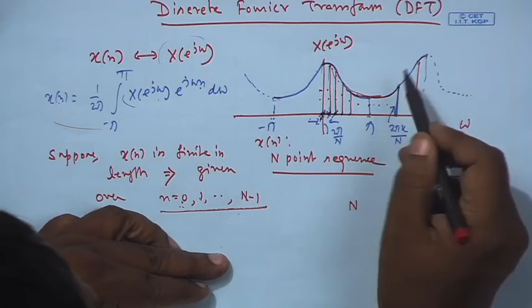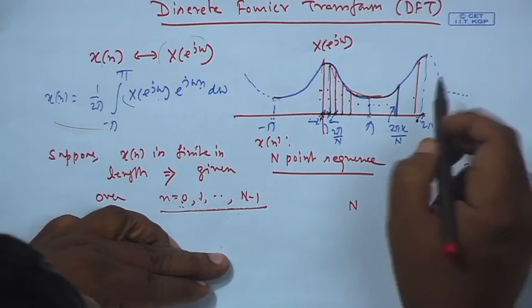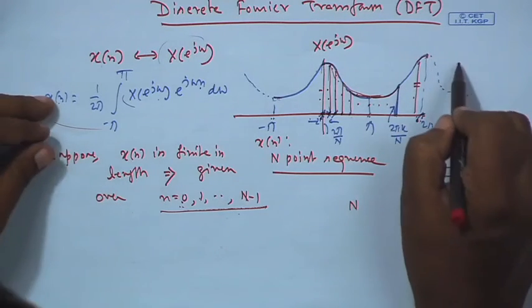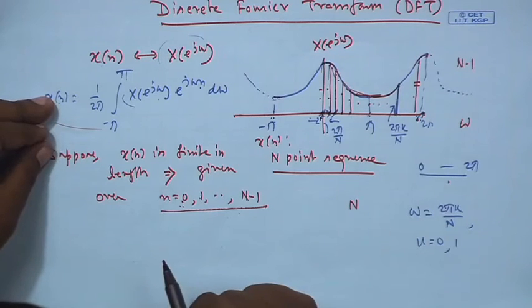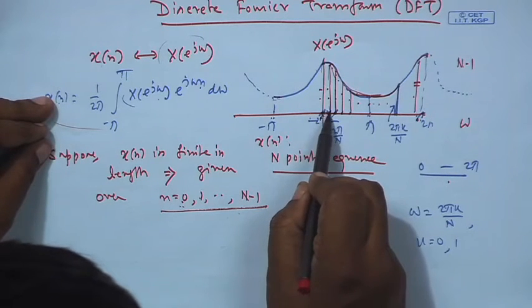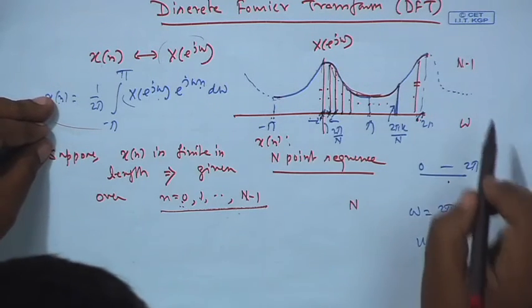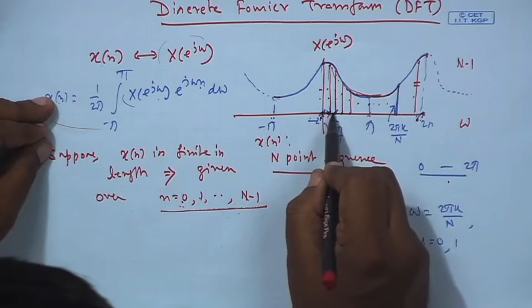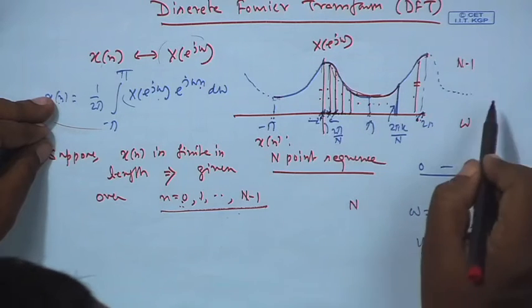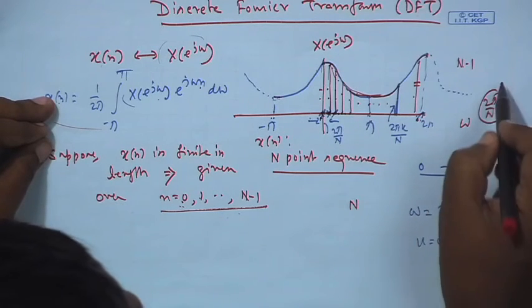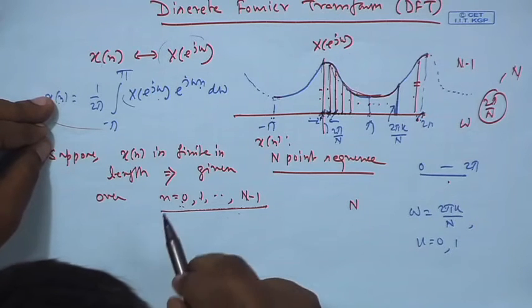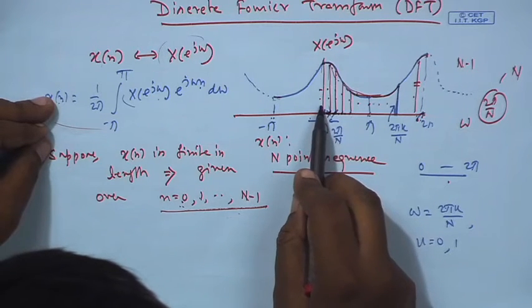What will be the last sample here? This was the 2 pi case, so this is the last sample. The last sample will be the N minus 1th sample, because I have divided the range 2 pi into N. So, 2 pi by N, 2 pi by N, 2 pi by N. How many 2 pi by N's? This period is N times. Before that is the 0th sample.